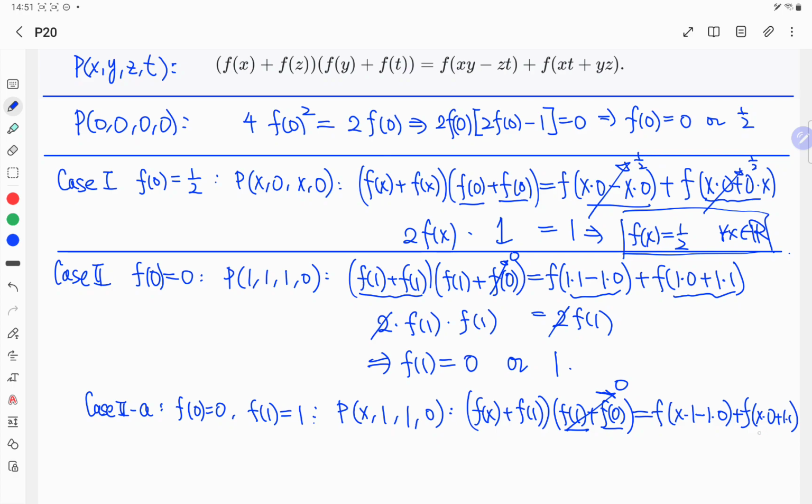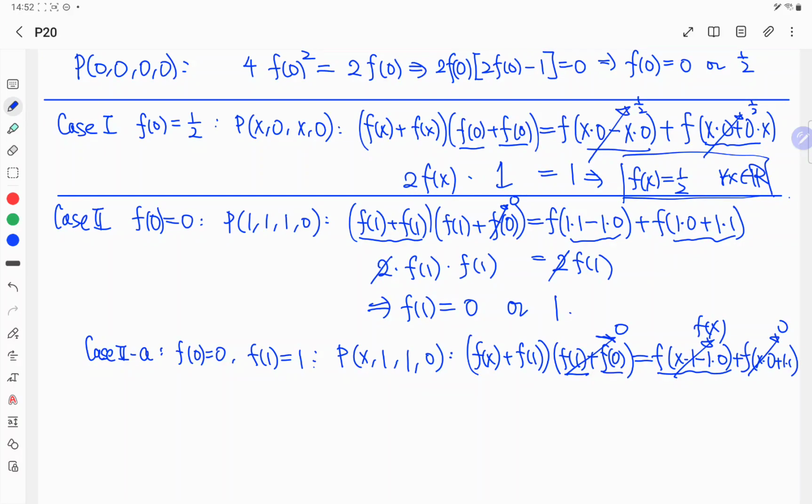So this is f(1), which is 0, and this is f(x). So here it says f(x) equals 0 for all real numbers x. That will be our second solution.